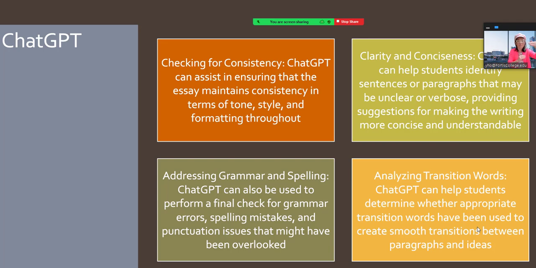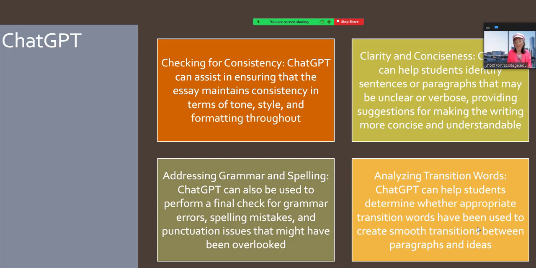Then you cut and paste your entire essay into ChatGPT, press the button, and it will transform your entire essay into third-person case. So in terms of tone, style, and formatting, ChatGPT can do that for you.